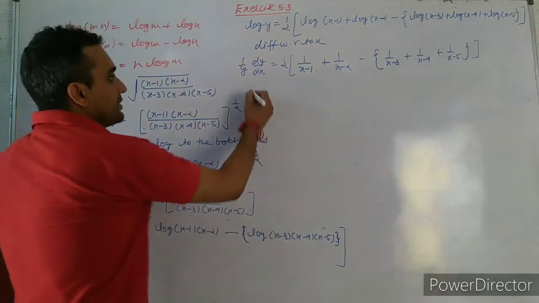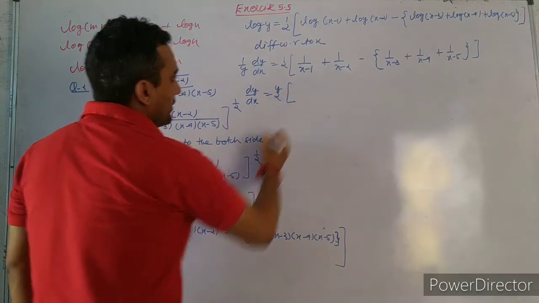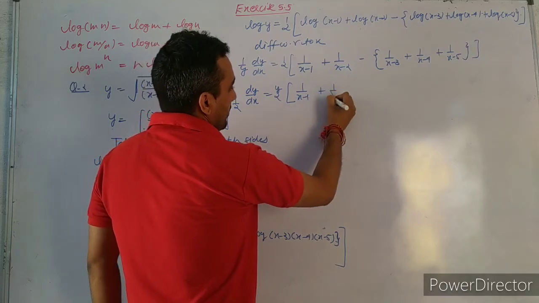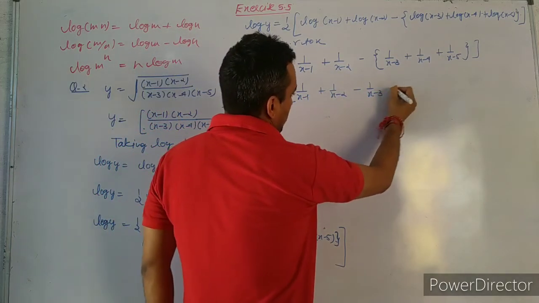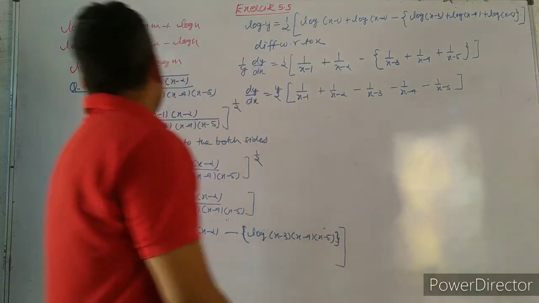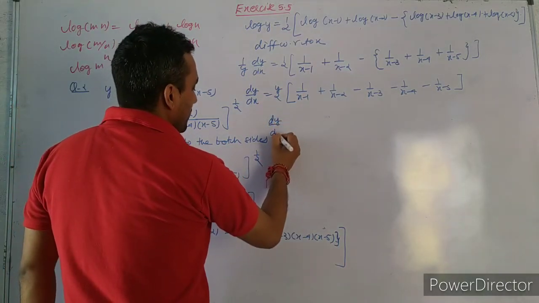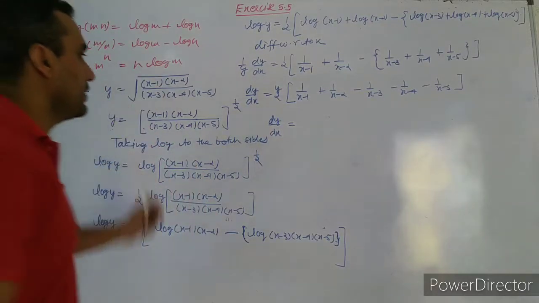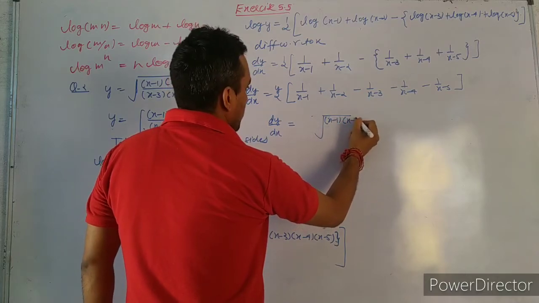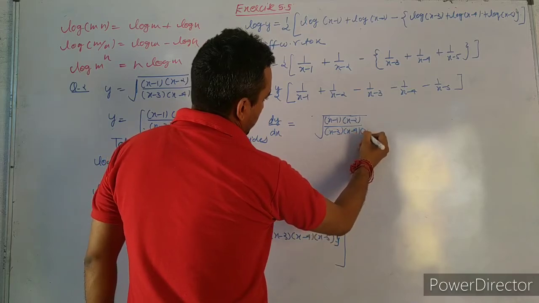Now y will go to the other side, so dy upon dx is equal to y by 2 times [1 upon x minus 1 plus 1 upon x minus 2 minus (1 upon x minus 3 plus 1 upon x minus 4 plus 1 upon x minus 5)]. Now substituting the value of y which is given to me, dy upon dx is equal to under root (x minus 1)(x minus 2) upon (x minus 3)(x minus 4)(x minus 5).